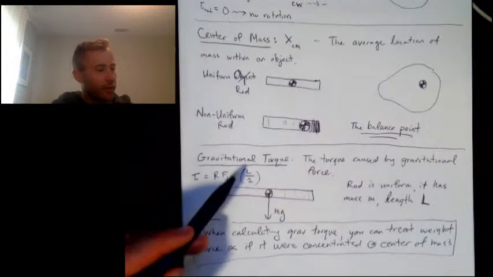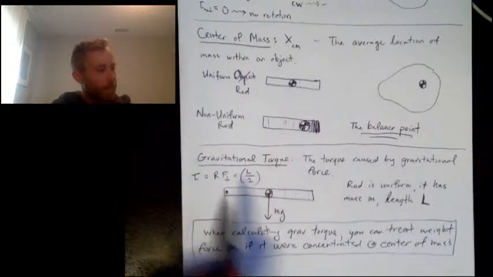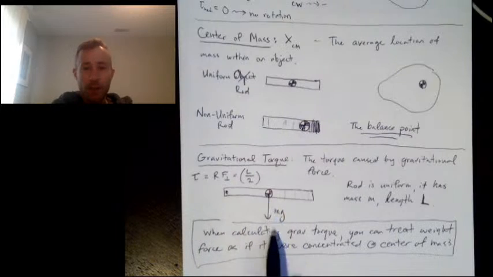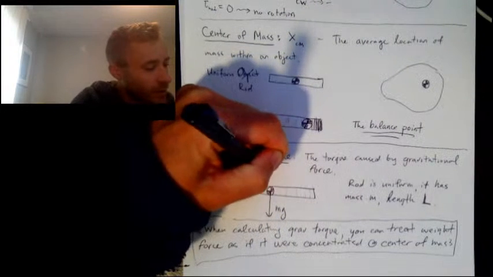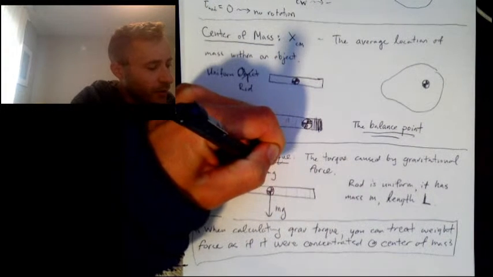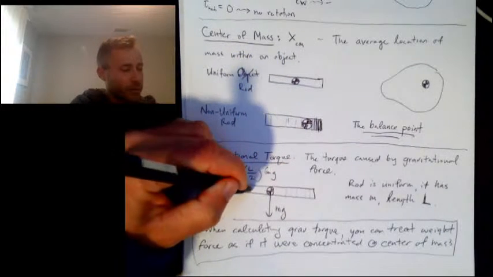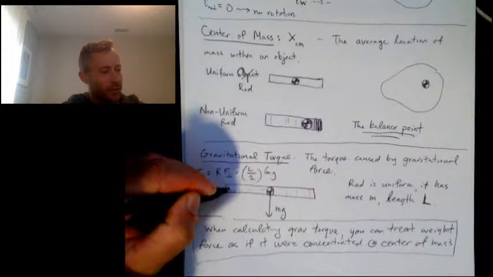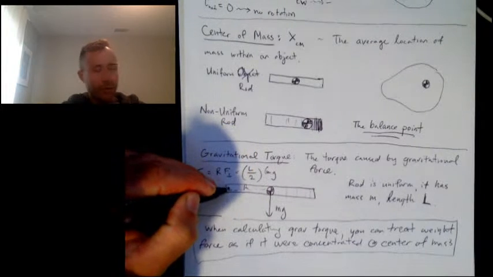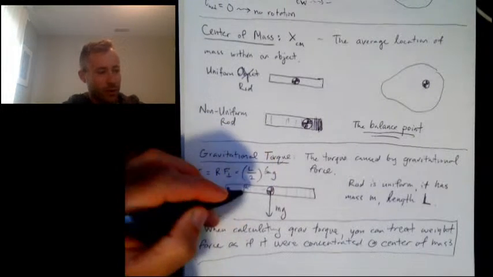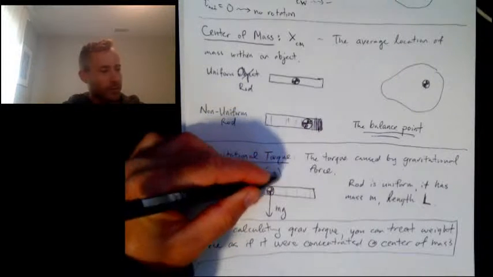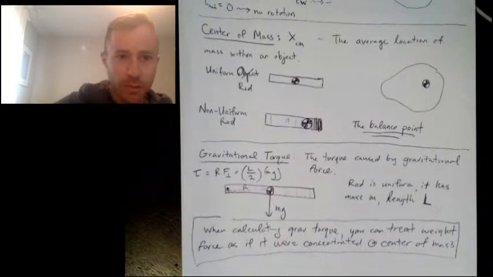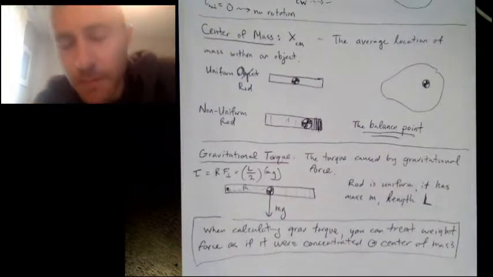And then the force is the weight force, so my force is going to be mg. And it is already perpendicular in this case. See how the line connecting the pivot to where the force is applied is horizontal, and the weight force is vertical. So it's already perpendicular, so no trigonometry is needed in this case.